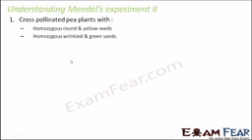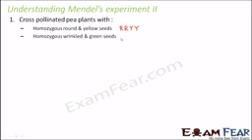Now when he cross-pollinated pea plants with homozygous round and yellow seeds, homozygous means both the alleles are going to be the same. So what would be the genotype of homozygous round? Round is denoted by capital R. Homozygous round means capital R, capital R. Yellow is denoted by capital Y. Again, this is homozygous, so it is going to be capital Y, capital Y. So this is how we will denote homozygous round and yellow seeds.